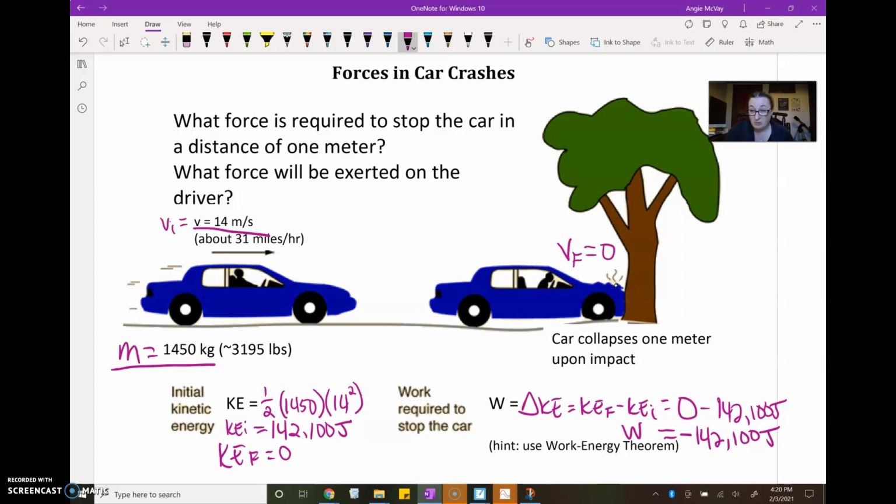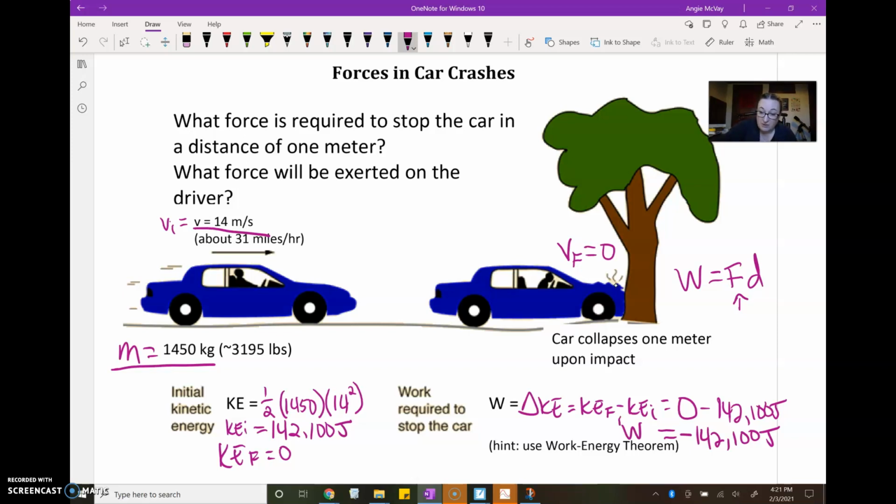Wait, Miss McVeigh, I thought you told me energy wasn't a vector. It's not, but in the work energy theorem equation, there exists a force, right? It is a vector. The force value would be positive if the net force being applied is speeding up an object. The force would be put in this equation as negative if an object is slowing down, right?